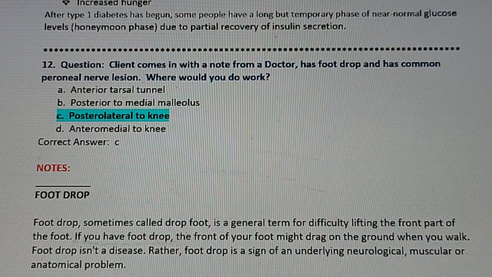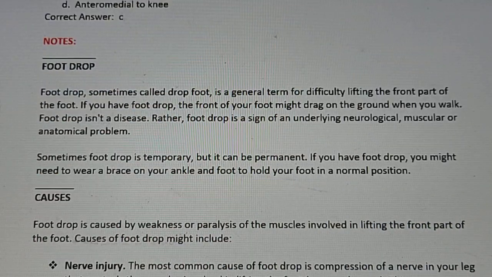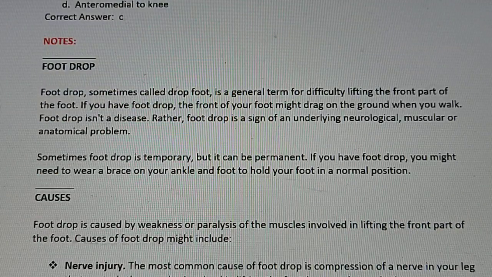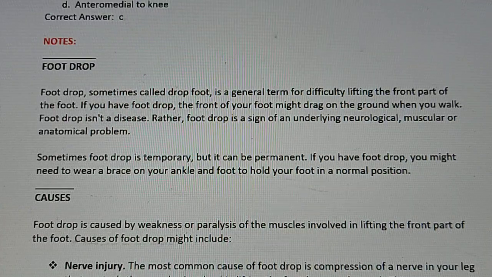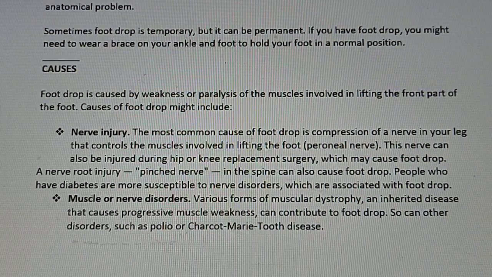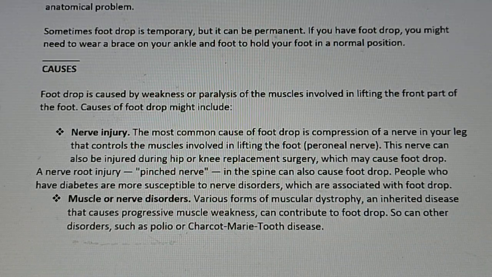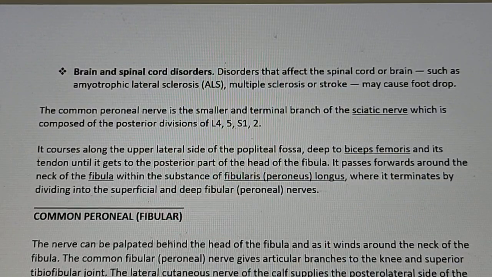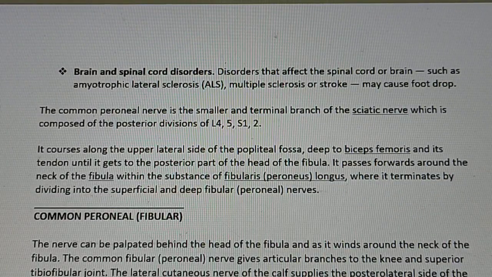Just have some notes here. Just take a look at it. So what is foot drop? There is information here that I would like you to look at. Causes of foot drop: nerve injury, muscle or nerve disorders, and brain and spinal cord disorders as well.